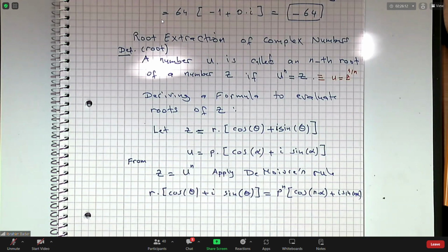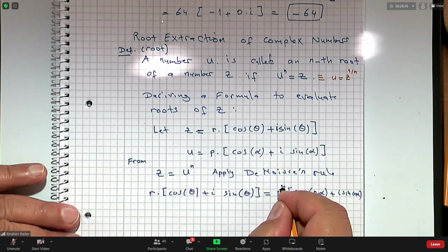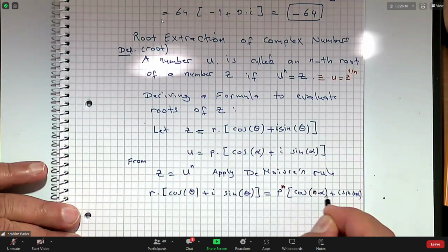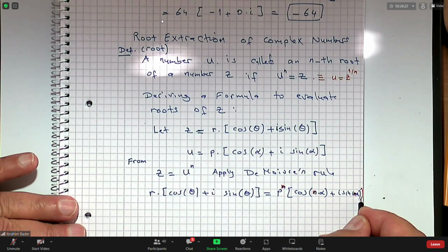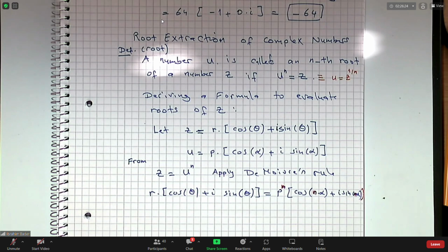I hope so. Here I have n, as you see, just using de Moivre's rule.